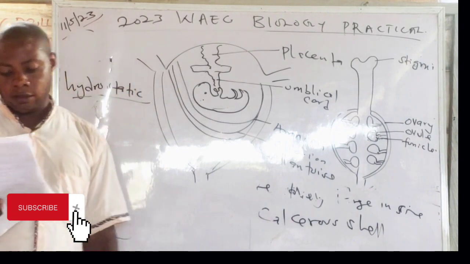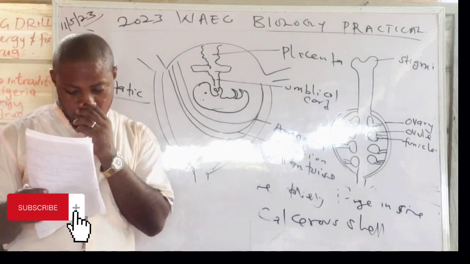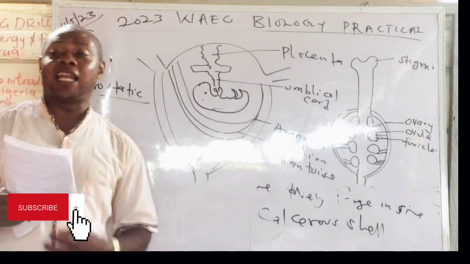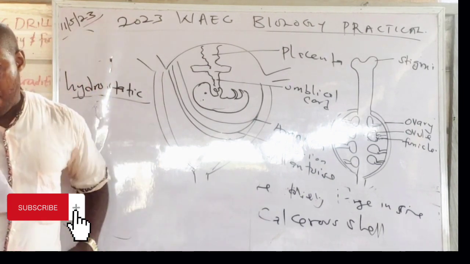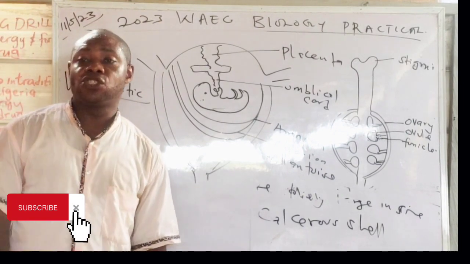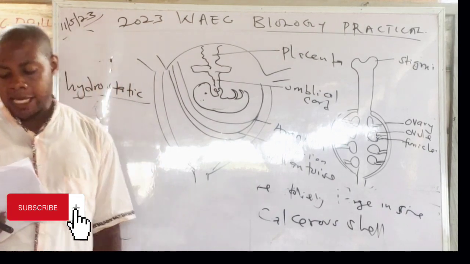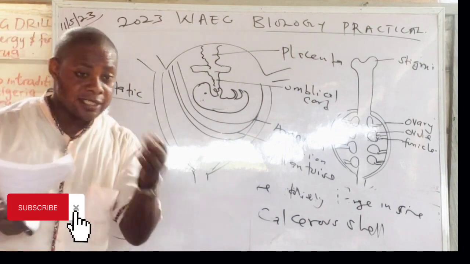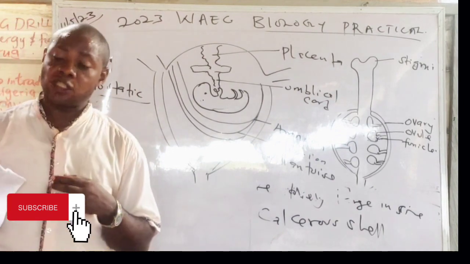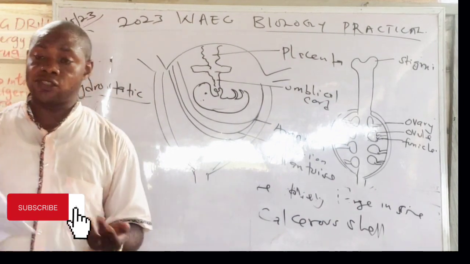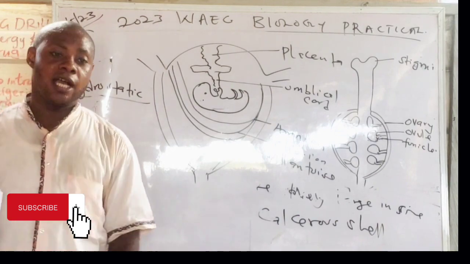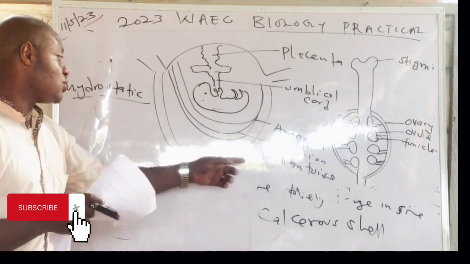Are you there with me? Now let's go to the allantois. The allantois helps in respiration and excretion between the fetus and the mother. Yes, help in respiration, the exchange of gases, and removal of waste products or excretory products from the fetus to the mother are strictly directed by the allantois.